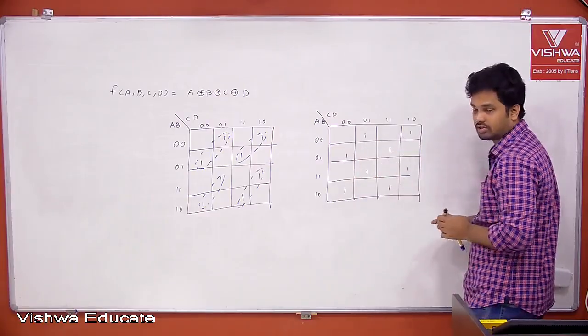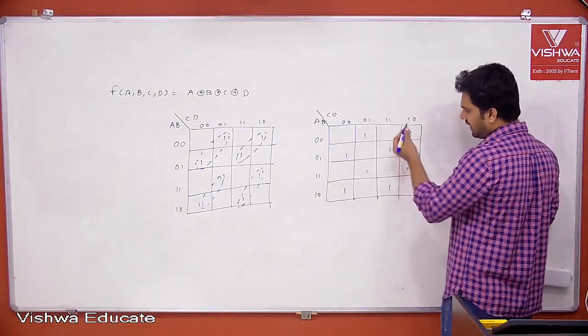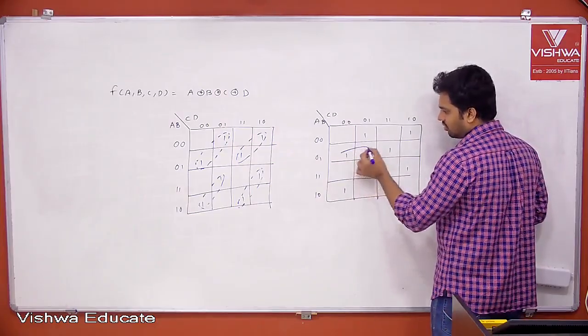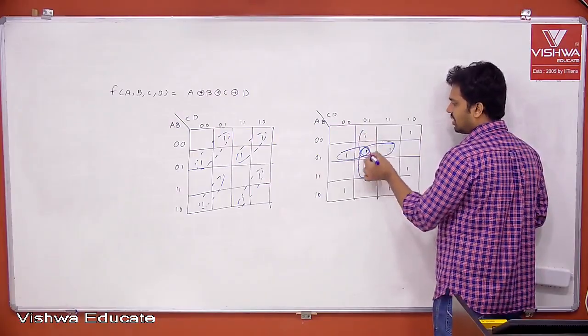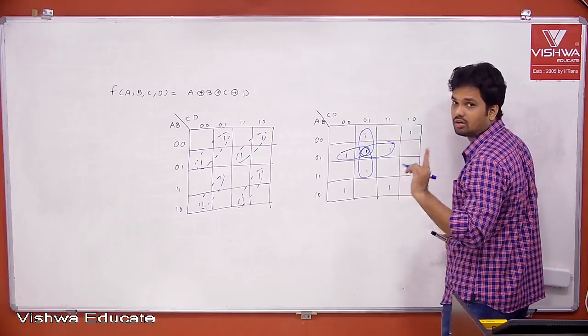Right, this is my function. If you keep a one anywhere in this figure, it will form pairings immediately. So my output expression may contain the same number of terms or fewer, but not more than that.